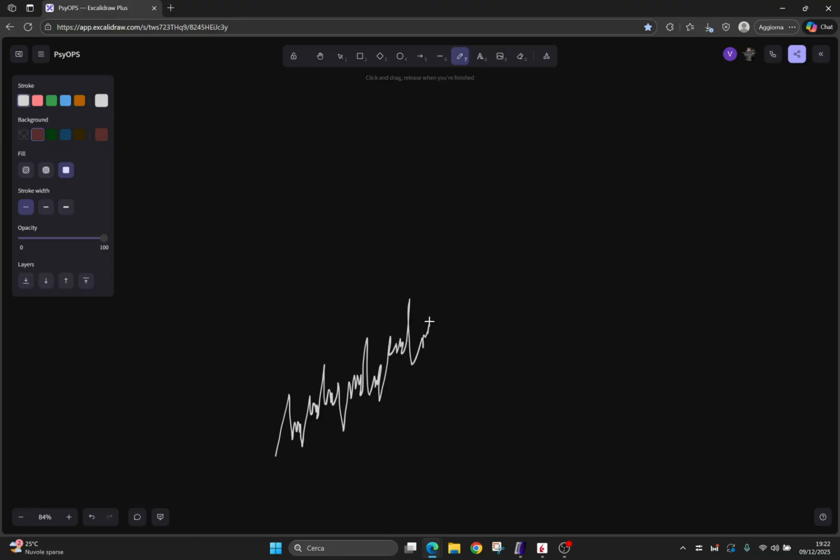Now, we did this low reaction from the POC low, and we are approaching the most important level. Okay? We already tapped the most important level, and if this level would hold, I would expect something like this, because it means that it's a really strong area.